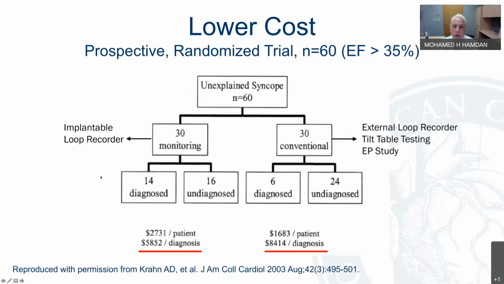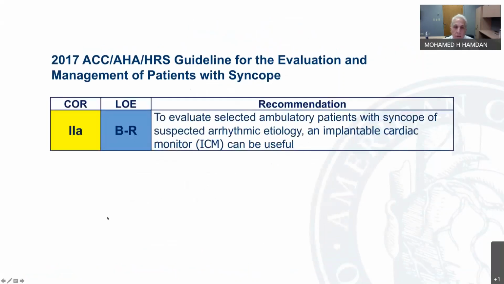In addition to a higher rate of diagnosis in the monitoring arm, as previously stated, the cost per diagnosis was lower with cardiac monitoring compared to the conventional approach. So with these data, the 2017 syncope guidelines have ILR implantation as a class 2A in patients with syncope that you suspect is of arrhythmic etiology.